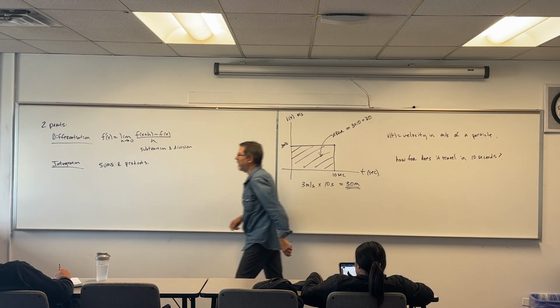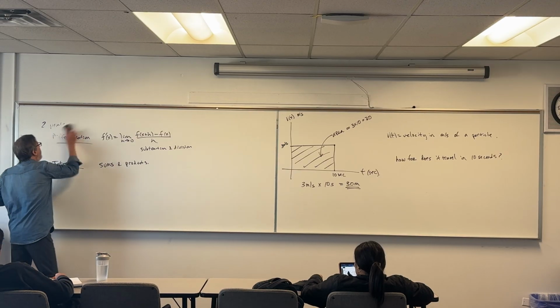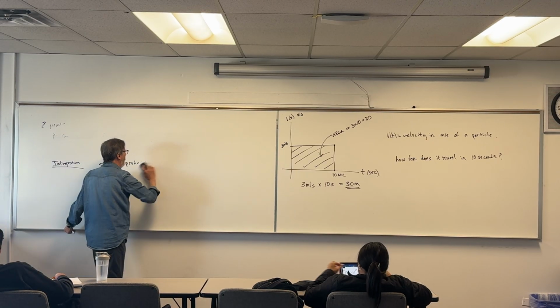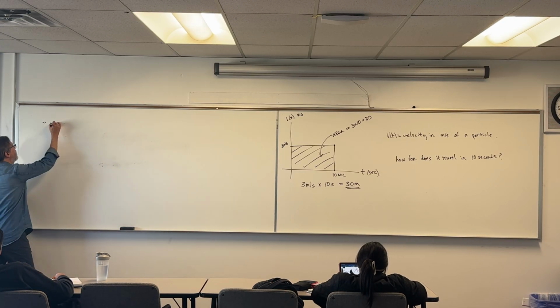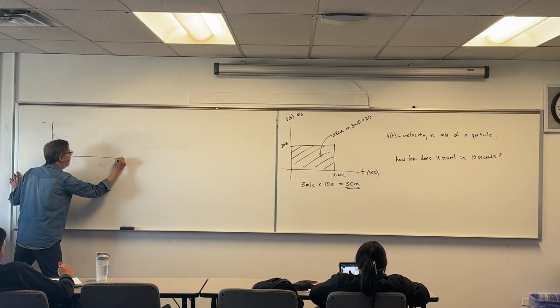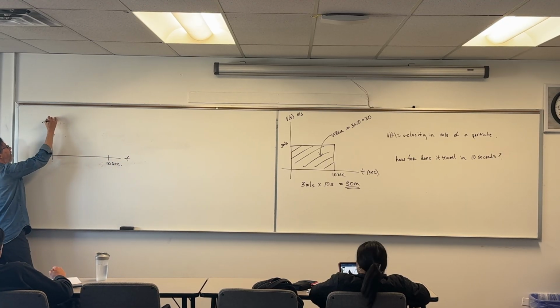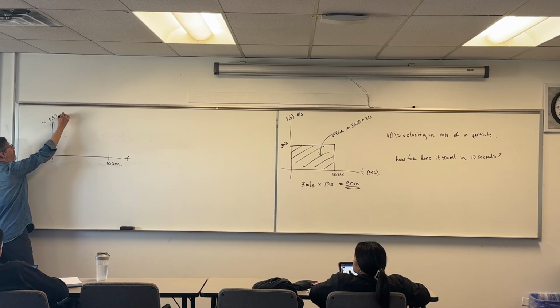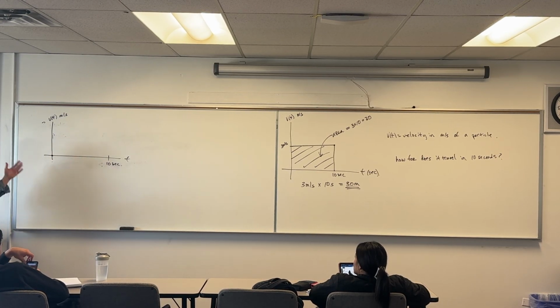So let's take a look at a slightly more complicated situation. Let's say it's somewhat more realistic. Let's say over the 10 seconds, so again, we've got 10 seconds worth of travel, and this is going to be velocity in meters per second. But I start off not moving at all, 0 is my velocity.